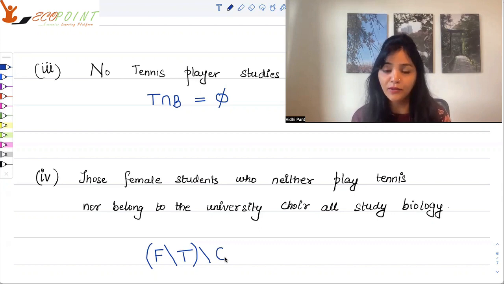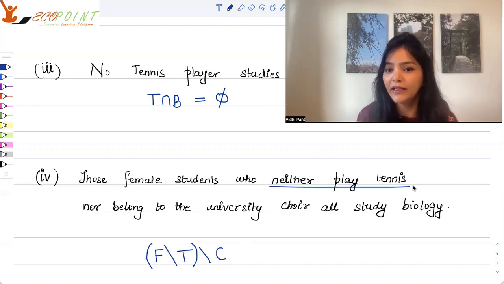And then in case there are some people left who are in the choir, you take them out. If they all study biology, that means anything that is in this set has to be a part of B, because they all study biology.